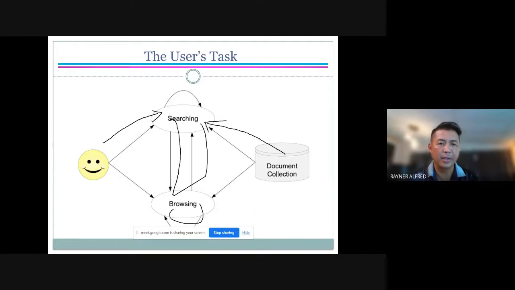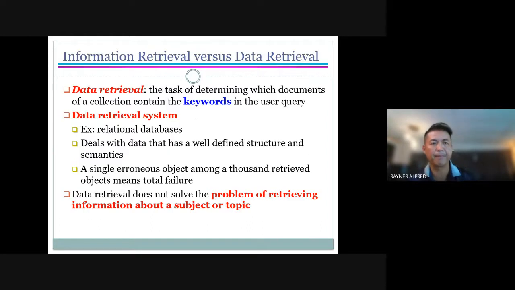So you start searching or you start browsing. The document collection here will respond to you based on the query that you have, and you will stop when you get the final answer or you are satisfied with the document that you have.